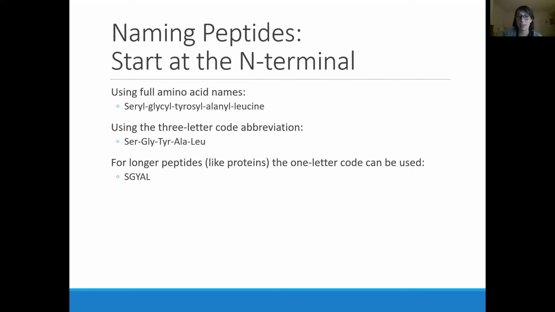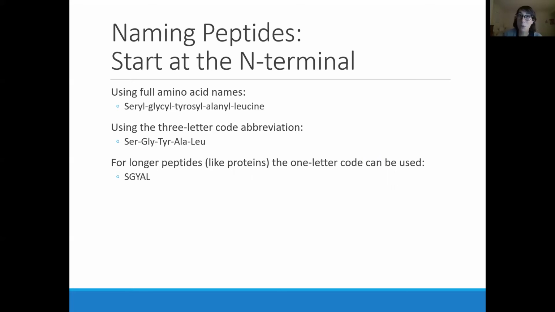Another way to write this is using the 3-letter code abbreviation. We didn't get as deep into using 3-letter codes, but you can see the representative 3-letter codes for those amino acids. Again, serine, glycine, tyrosine, alanine, and leucine. Now, when you have a very, very long peptide, we tend to shorten this even further to its 1-letter code.